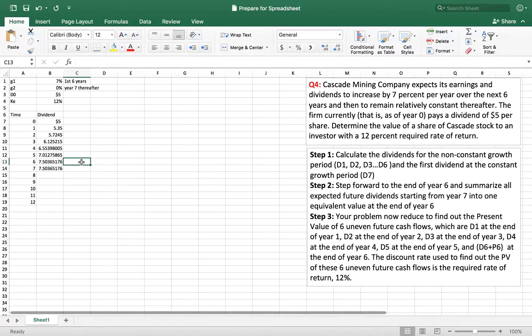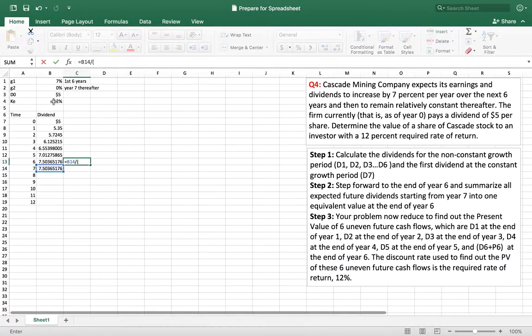I first type equal sign, then the dividend next period, which is D7 given in cell B14. So I click on cell B14, divided by the opening parenthesis.